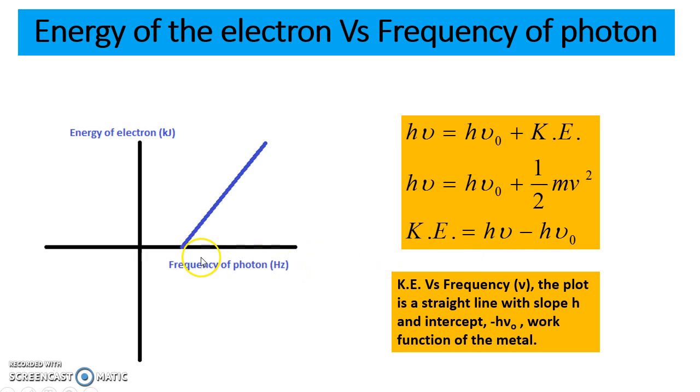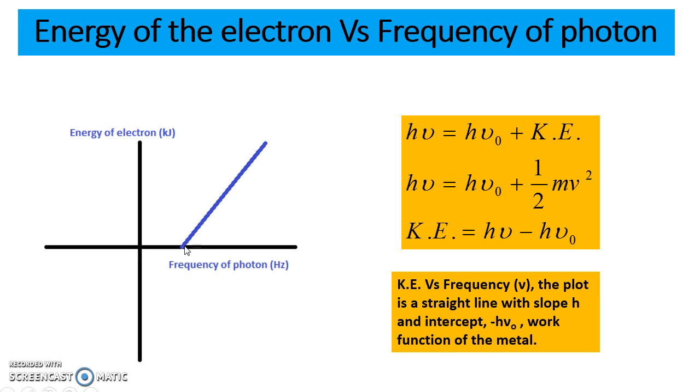If we look at the plot, then we observe, number one, when the frequency of the incident beam is increased till reaching a value known as the threshold frequency, no photoelectric effect occurs. At the threshold frequency, photon is able to emit the electron from the metal, which we call as the threshold frequency.